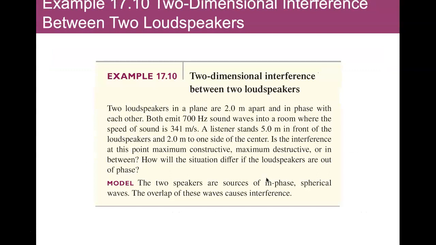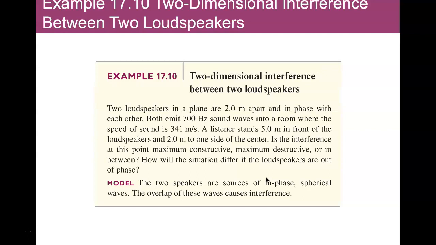Okay, so here's a problem. Let's read it together, and then I'll ask you to pause the video and work through this problem. We have two loudspeakers in a plane that are 2 meters apart and in phase. In phase means the difference between their phase constants is 0. Both emit 700 hertz sound waves into a room where the speed of sound is 341 meters per second. So we know the frequency, we know the speed.